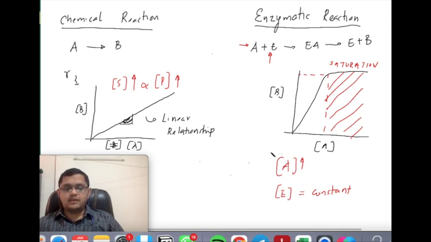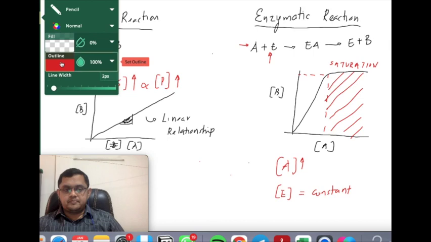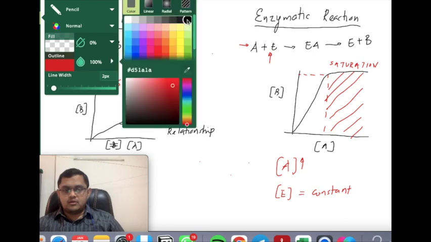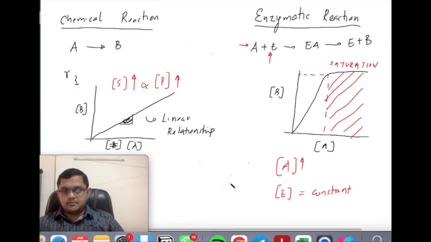So I will put an example like this. Say I am increasing the substrate from 50 molecules to 500 molecules, but the enzyme molecule count is only 50.